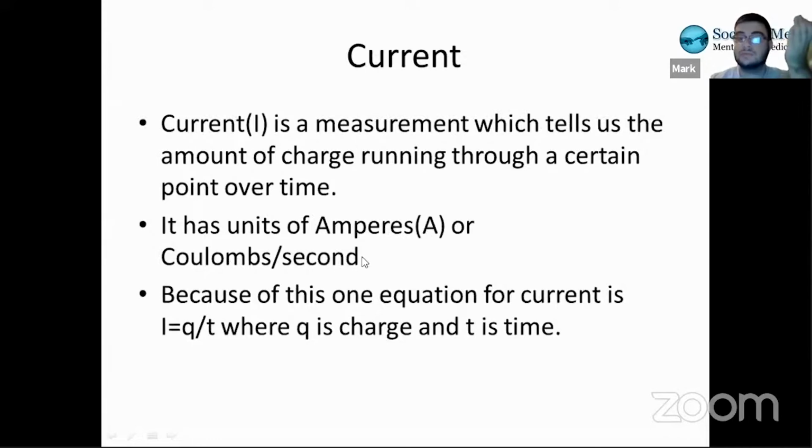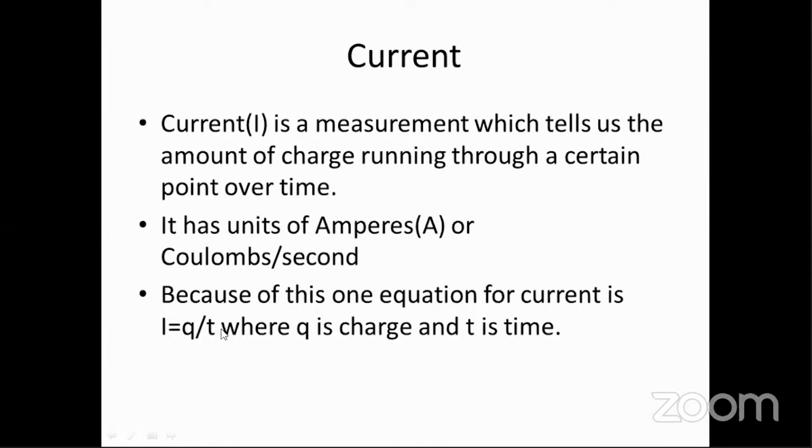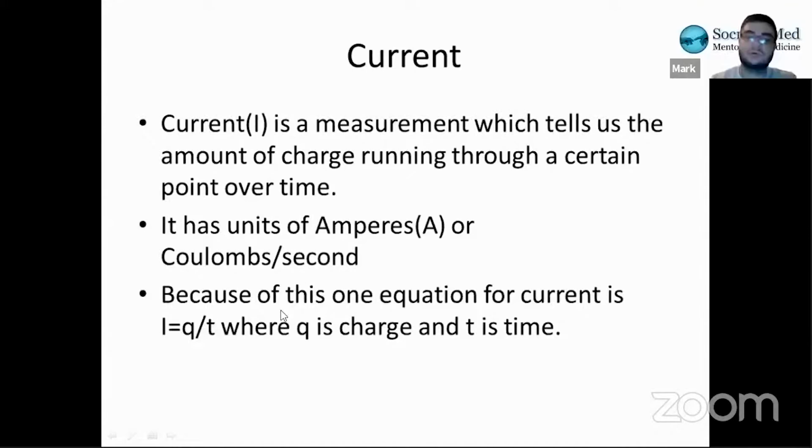Because the units are coulombs per second, one equation we can use to find current is I equals Q over T, where Q is charge and T is time. The unit for Q is coulombs, the unit for T is seconds, so coulombs per second is Q over T. This is an important equation that you probably should know.